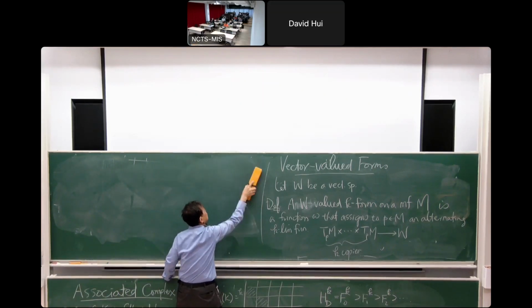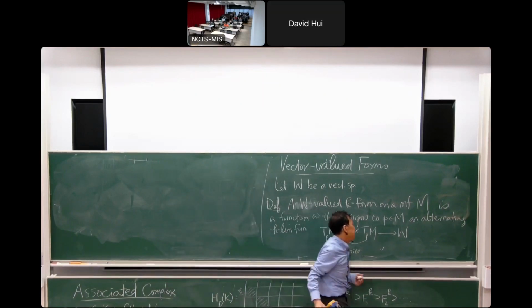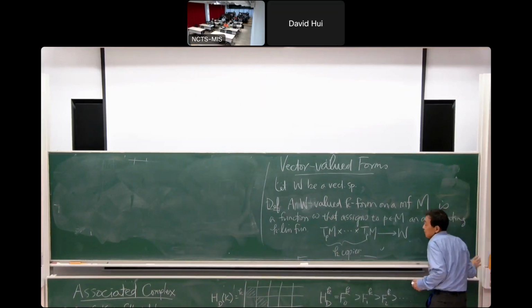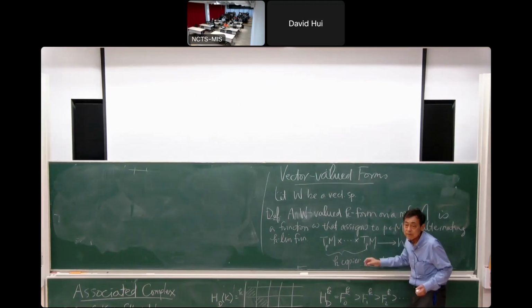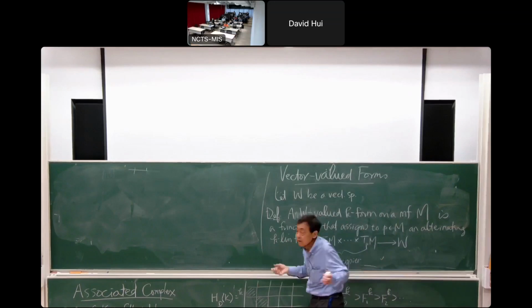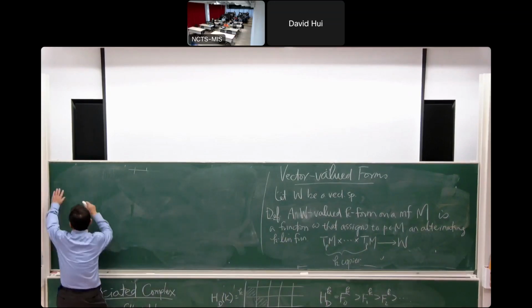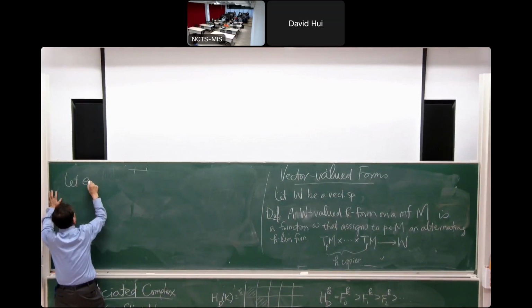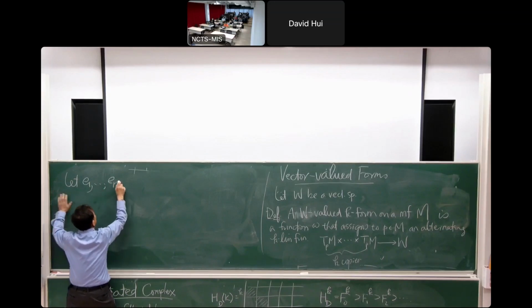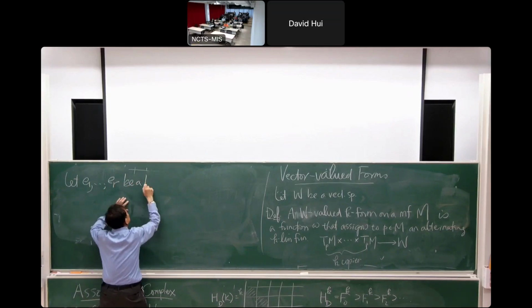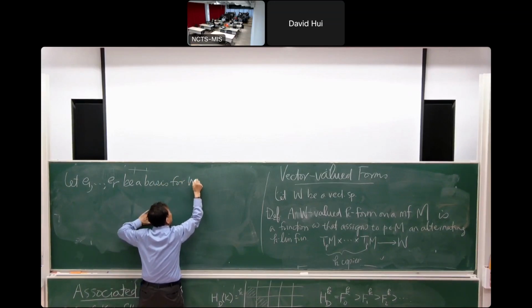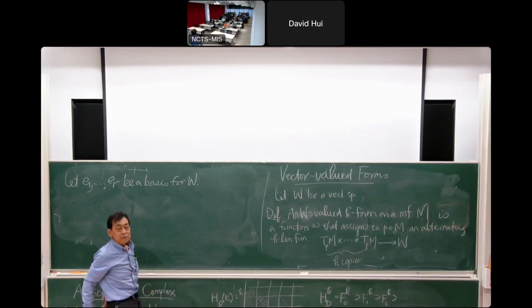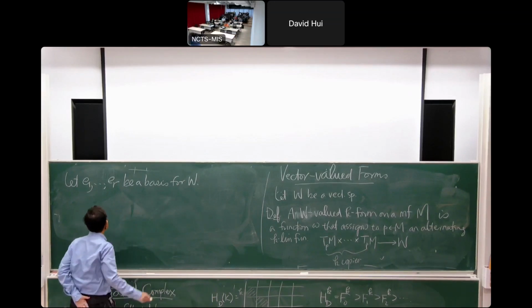If you choose a basis for W, then you can think of a vector valued form as just a column vector of ordinary forms. So let's say e_1 to e_r be a basis for W. Okay, so that means I'm assuming that W is finite dimensional.